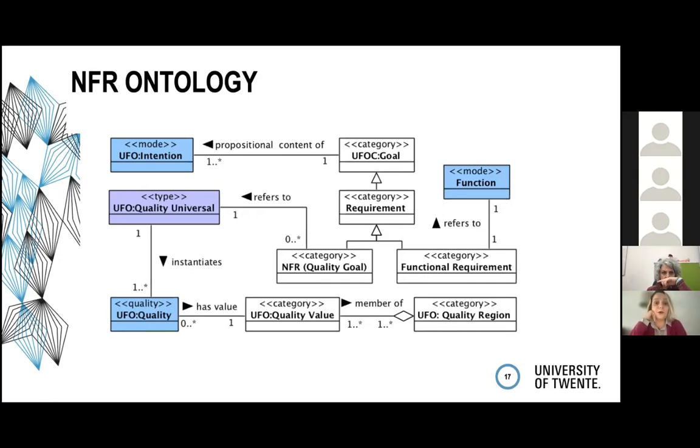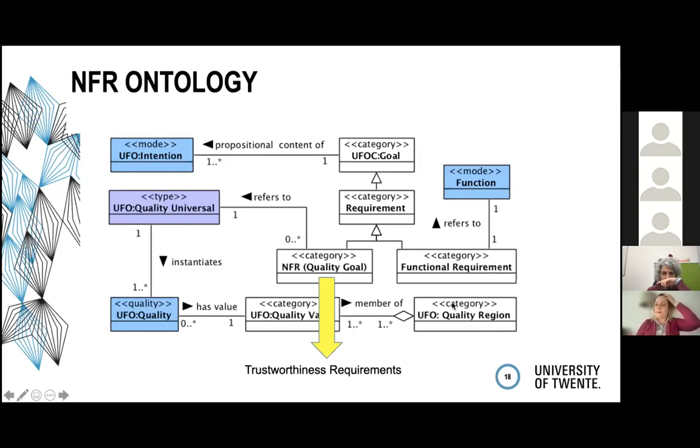And it's important that each non-functional requirement refers to a quality universal, so a type of quality. In this case, if I talk about trustworthiness, the quality that it refers to is trustworthiness, right? And such quality can obtain a value in a particular quality region, right?